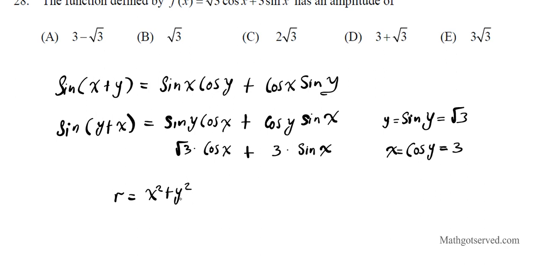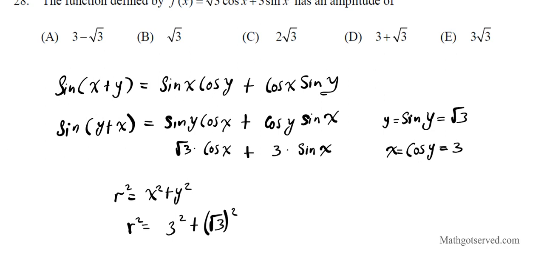So let's find that radius value that I'm going to use to scale these two down. We use the Pythagorean identity to find r. So x is cosine y, which is 3, squared, plus y, which is root 3, squared.